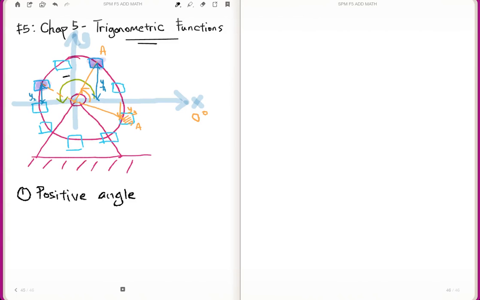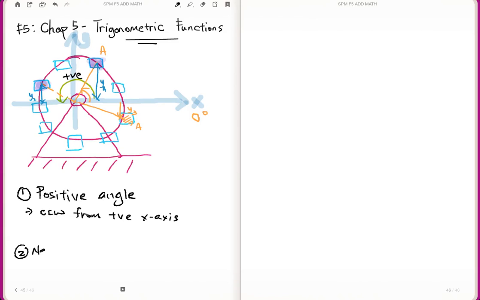This is a positive angle, measured counterclockwise from the positive x-axis. This is what it means to be a positive angle.